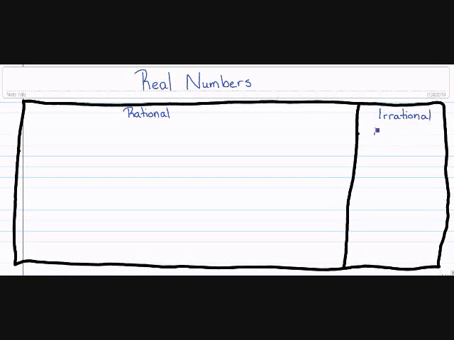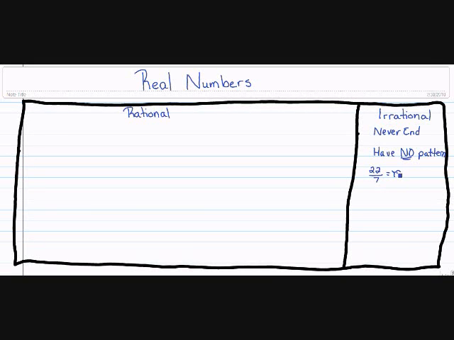Irrational numbers are decimals that never end and have no pattern. An example of an irrational number would be 22 sevenths, which is the same as pi.